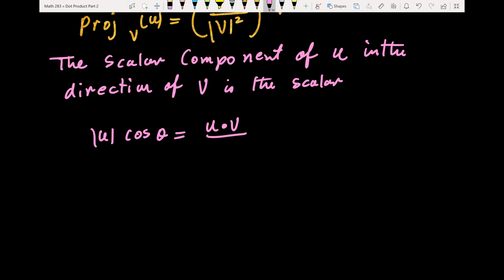What am I doing over here, guys? Can you guys see the pointer? Okay. And then the magnitude of v. You could do it this way too.